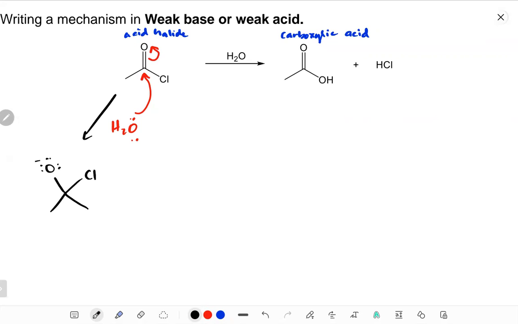You have Cl, you have water, hydronium ion plus. This is positively charged, this is negatively charged. Okay. Now what happens next is that these electrons will flow like this and will end up eliminating this chlorine atom, thereby giving you this species.